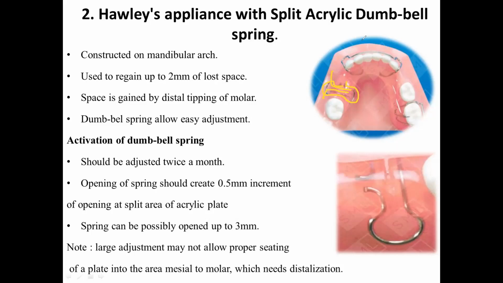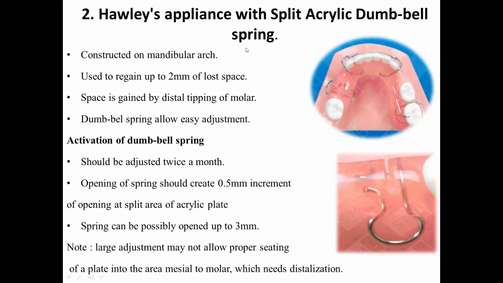So when we activate the appliance, not only will the appliance be widened, but at the same time the plate, which is split from the center, will be taken apart. When the plate is taken apart, it will be the activation of the plate and it will be distalizing the tooth.